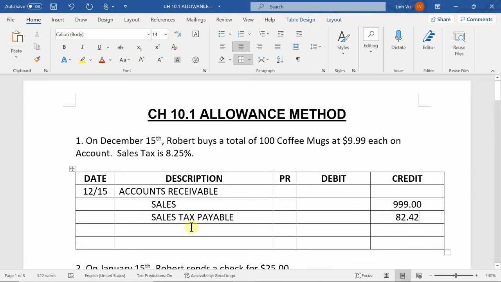So then how much in grand total am I collecting from Robert? $1,081.42, okay? And what I'm going to do here is say sold 100 mugs to Robert. Okay?